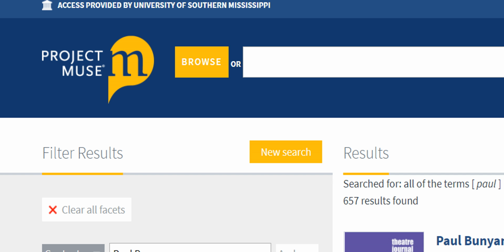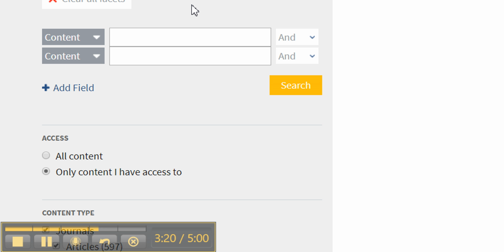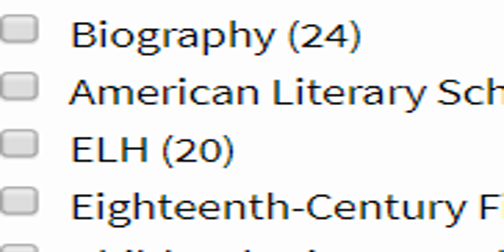That's quite a lot, so I'm going to come over here to my limiters. I have content only I have access to. Articles, that'll get rid of a few of them. And I can go into a specific journal over here, so any of these would work.